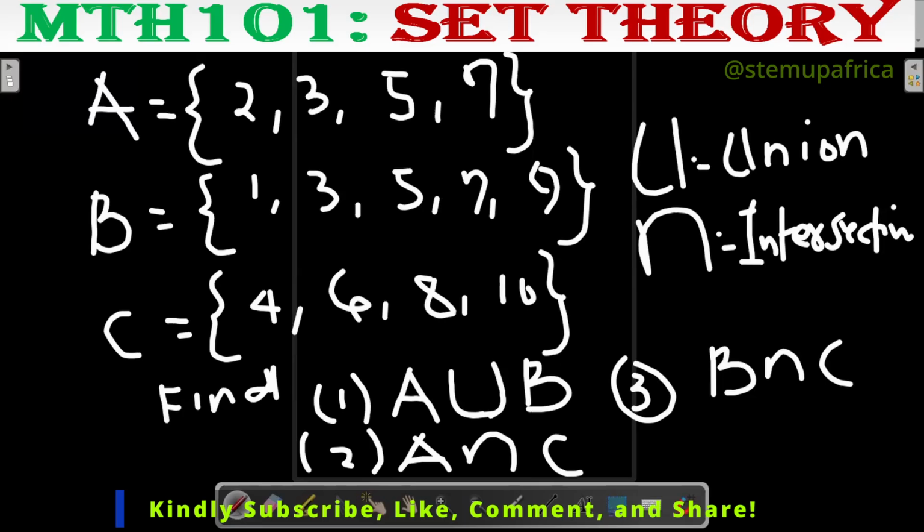B intersection C is also an empty set. Why? They don't have anything in common. That's what makes it an empty set.